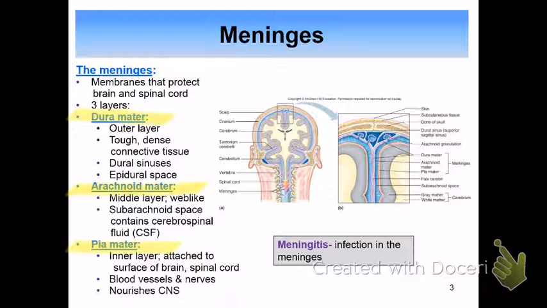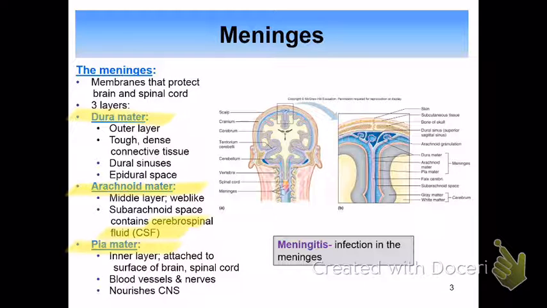It tells a little bit about each of them, but the arachnoid layer has this cerebral spinal fluid, this liquid, and that liquid is there to help move the nutrients and the oxygen into the brain or spinal cord, because we've got to get food in there, but we don't want to get any bacteria or viruses into the meninges.